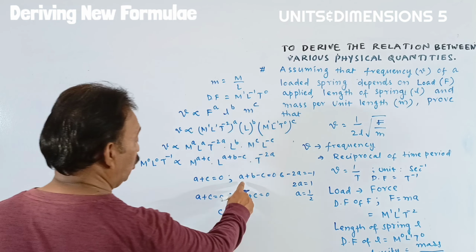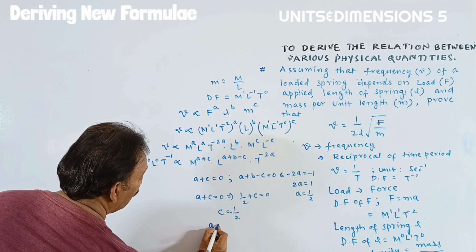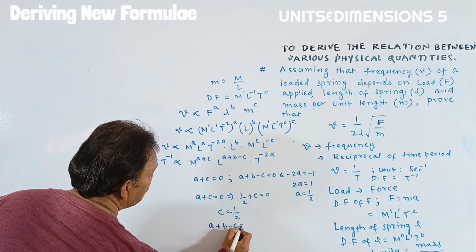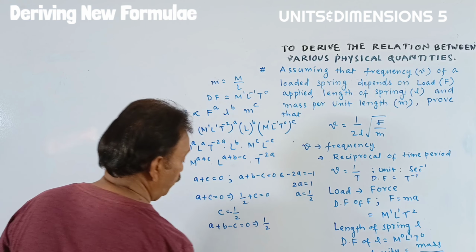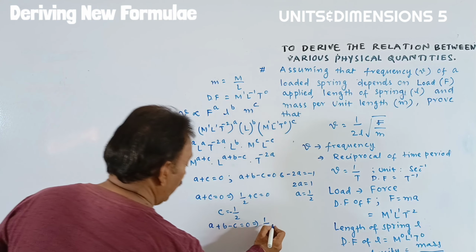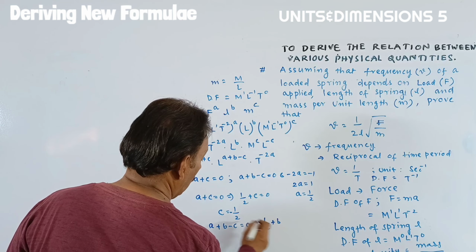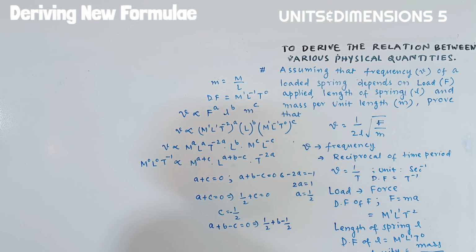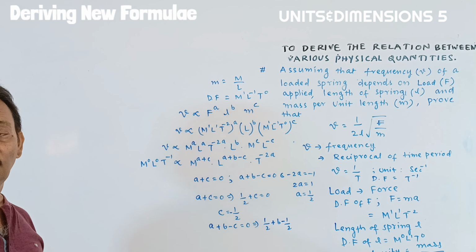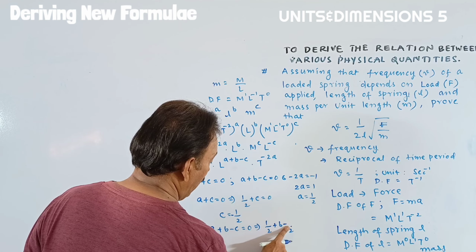Similarly, if you substitute all this in a plus b minus c is equal to 0, you will get the b value. Here a is 1 by 2, and c is equal to minus half.